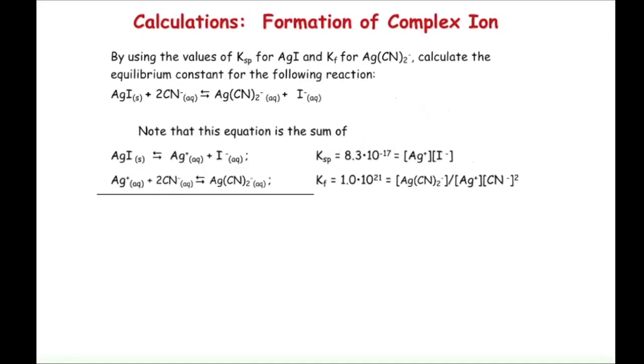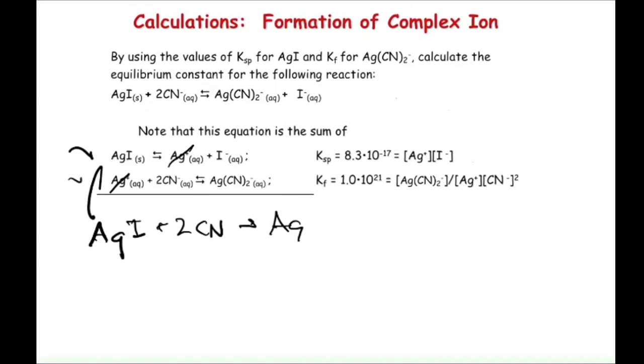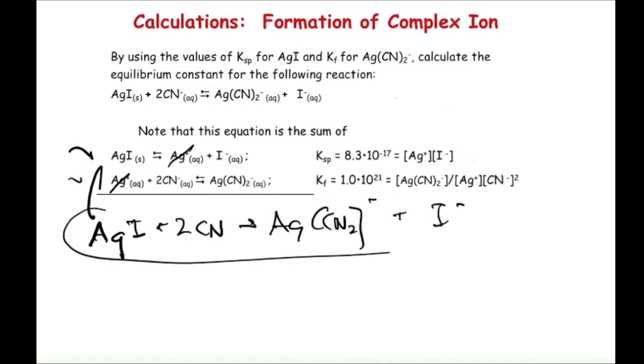If you take these two reactions and you add them up, the silver will cancel, and what you get here is AgI plus 2CN minus goes to Ag(CN)2 minus plus iodide minus. Aren't these two reactions added equal to the net reaction here? Well, when you add two reactions, what do you do to the equilibrium constant?